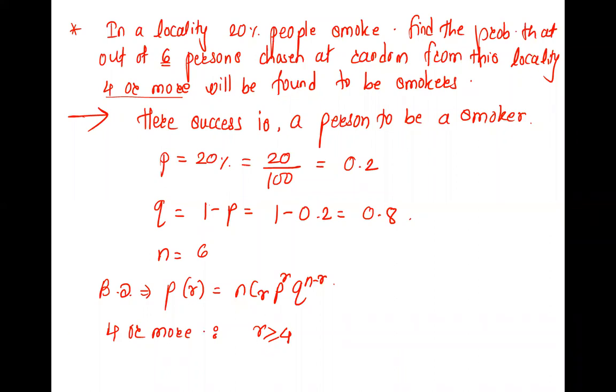So we are finding the probability of R greater than or equal to 4. We start with 4 and go up to 6. As N is 6, 4 is there, plus 5 is there, plus 6 is there.